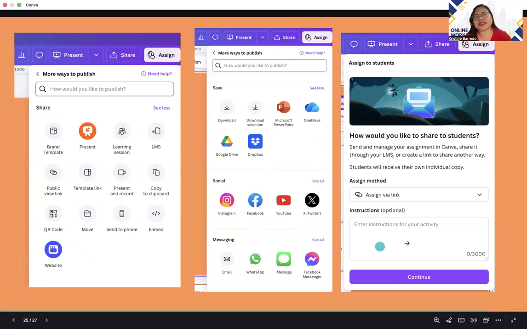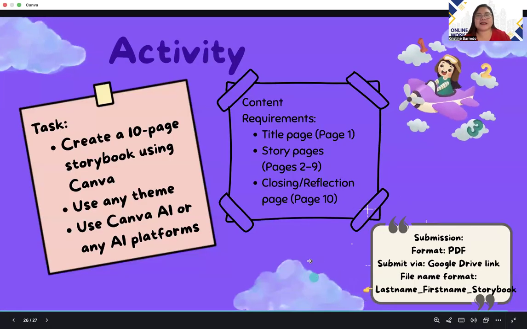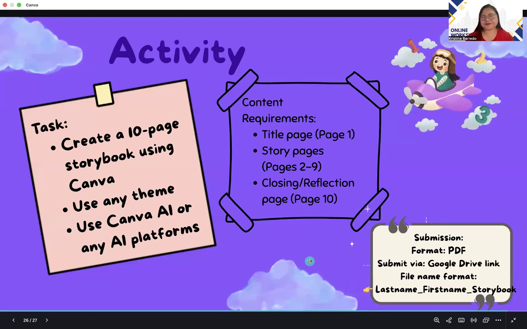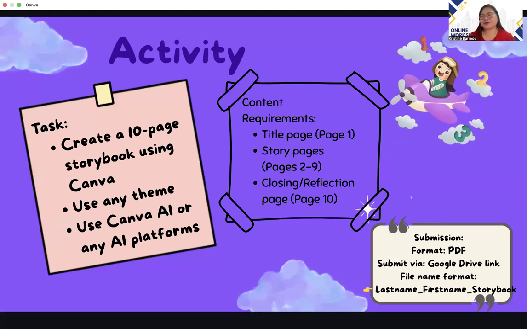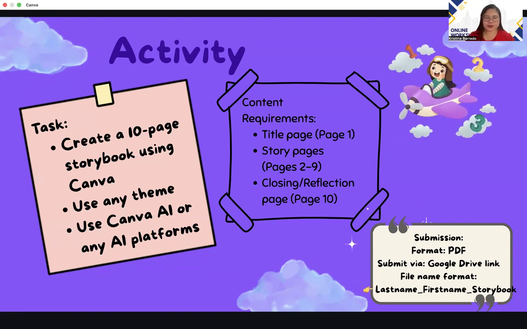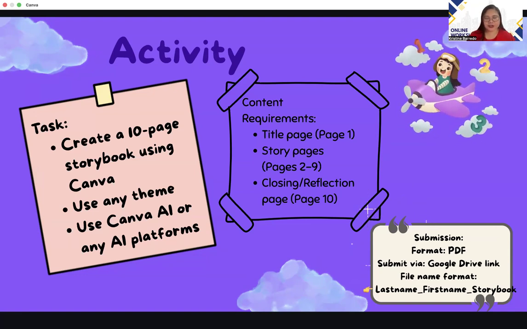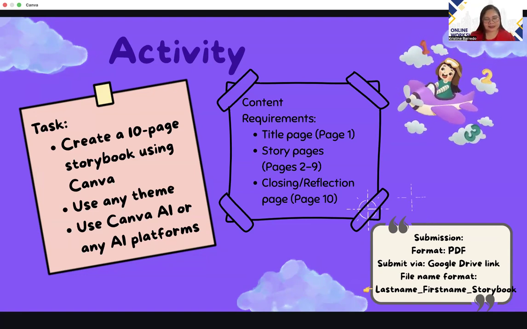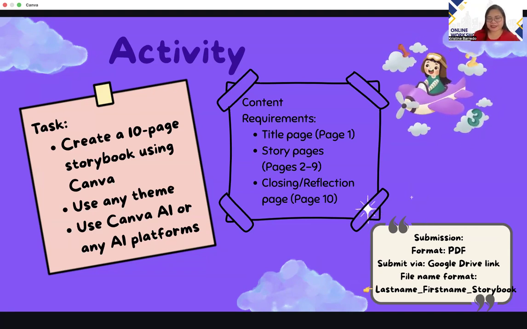So there's so many. And the best thing is you can assign it to your students. You can assign via link, or you can assign via view using Hazen. That's it. And now you know how to create storybooks, and you can add different designs.